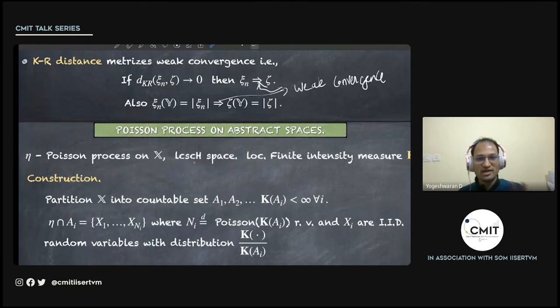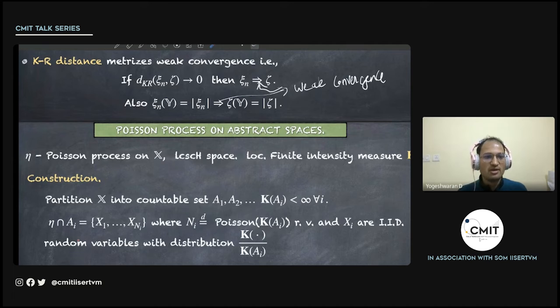This is the final ingredient before I can state my limit. Exactly how I described my data: you partition your space into countable sets, each with finite measure, K of A_i is finite.